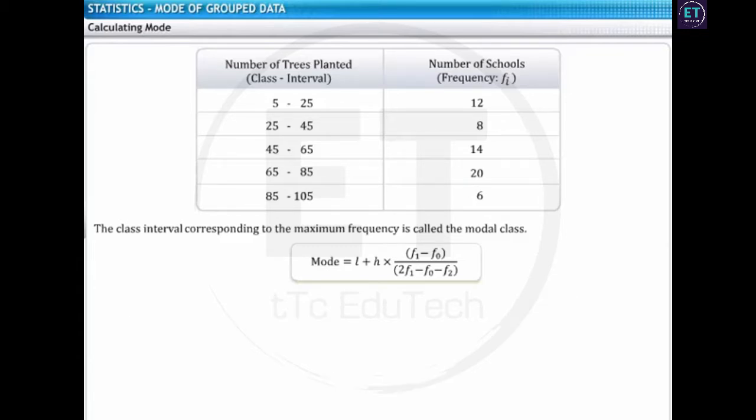Now, let's substitute the values of L, H, F1, F0 and F2 in the formula for calculating mode. Let's simplify this expression further.